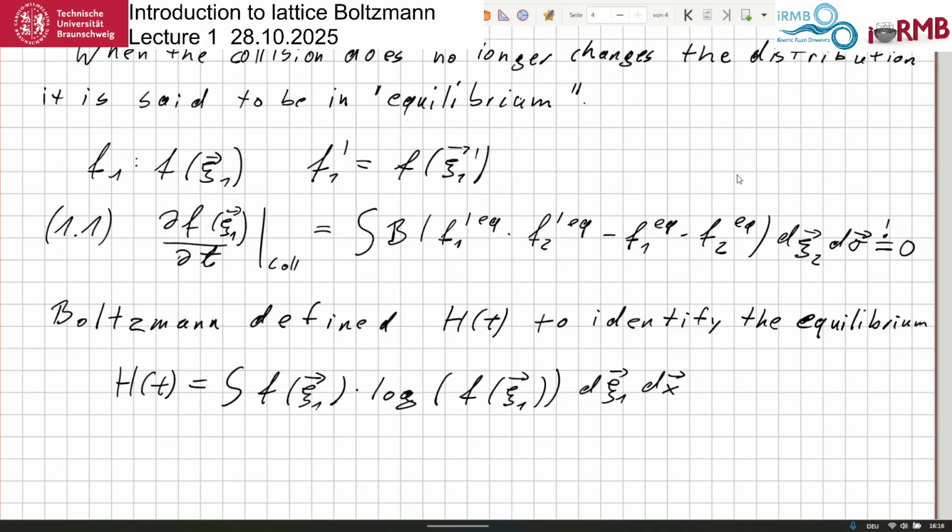First of all, one thing is important. This function, we integrate over Xi1 now. Here we integrate over Xi2, right? So we integrate over Xi1 and we integrate over the entire space. Meaning this integral, I mean, it's very philosophical anyway, is an integral over all microstates, so all velocities and all coordinates.